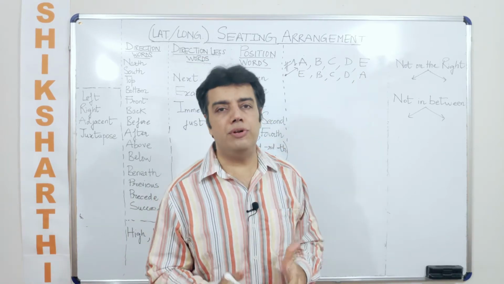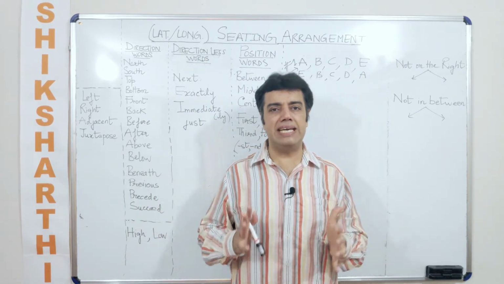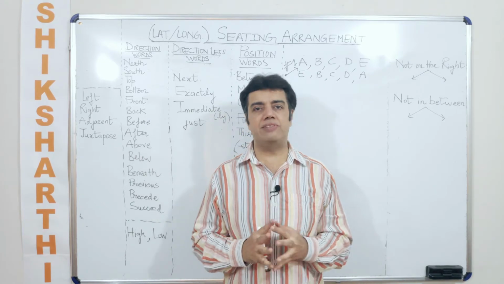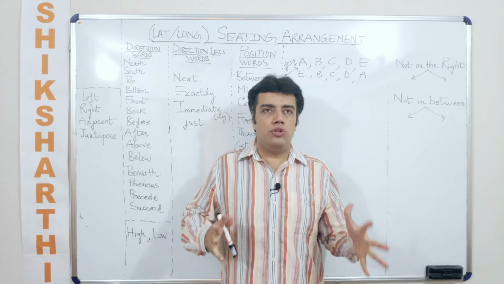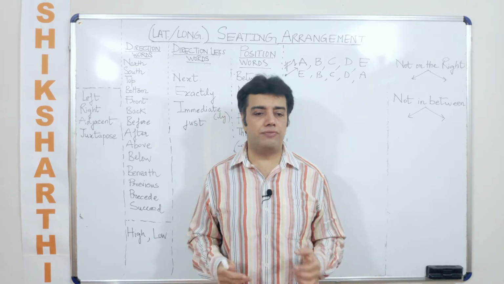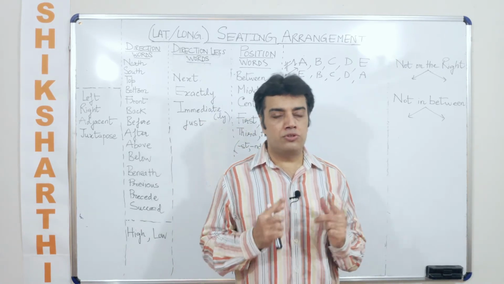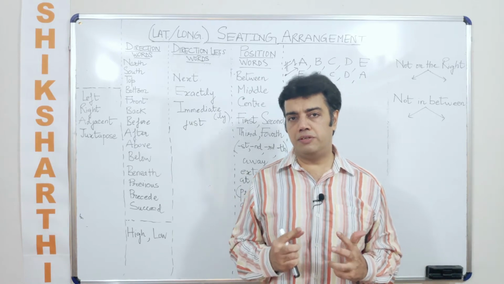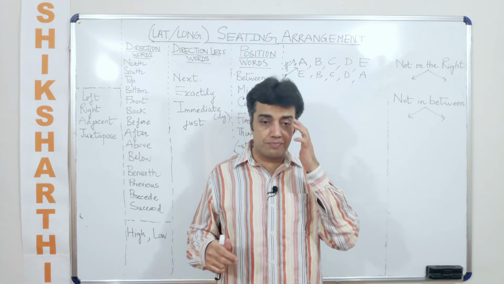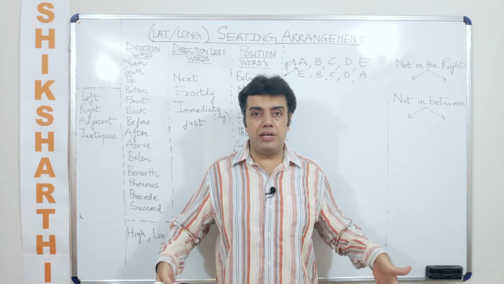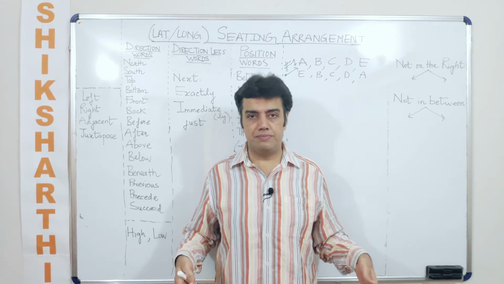But at a time you will focus only on a single case so that you can do justice with that case. So this anxiety has been taken care of. We used a few words here: beside and extreme positions in a lateral linear arrangement.